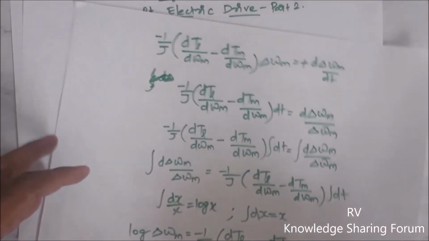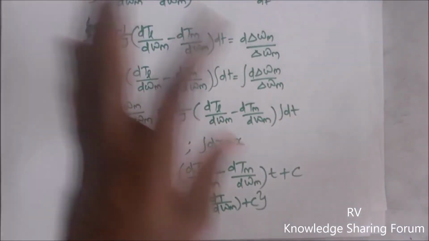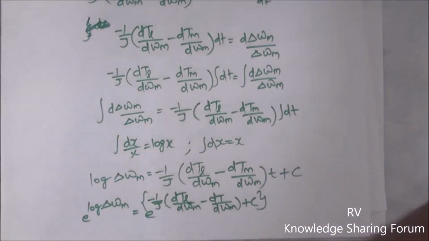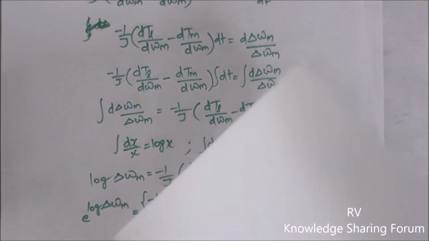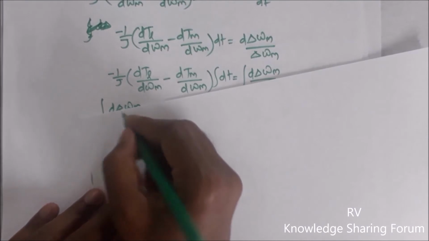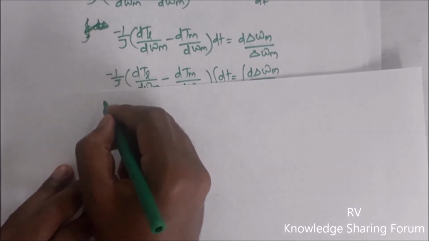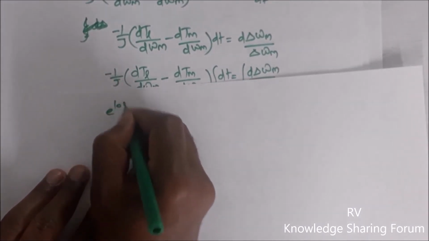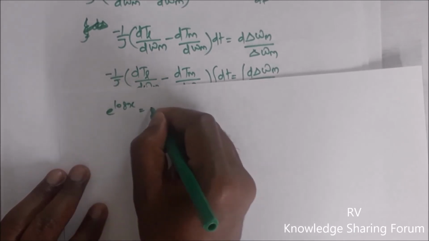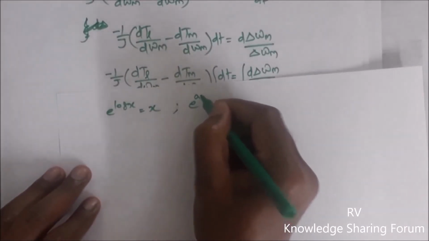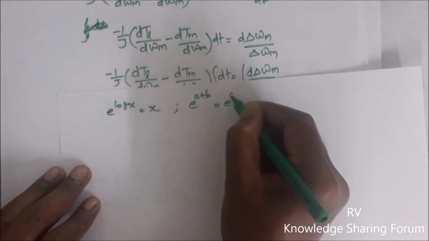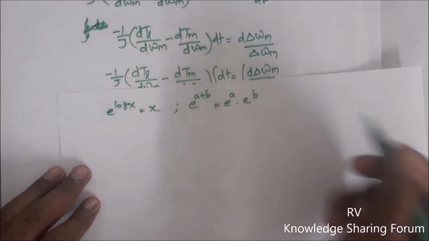Now let us simplify this equation, or let us go to the further steps of this equation. We know that from the basic fundamental logarithms, e to the power of log x is equal to x, and e to the power of a plus b is equal to e to the power of a into e to the power of b.